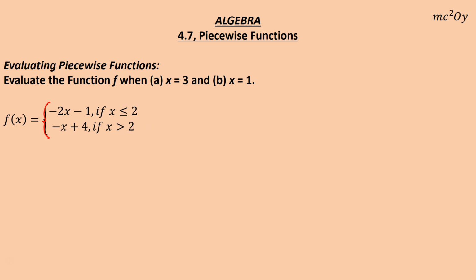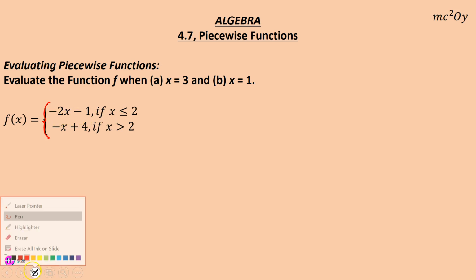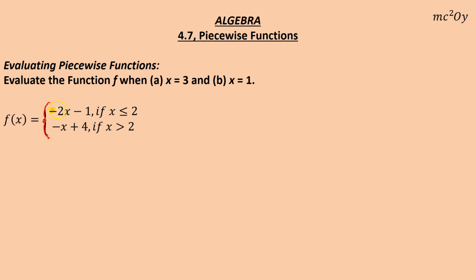Okay, so using this piecewise function, I need to evaluate when x is 3. Notice x equaling 3, I have two choices here. I could put that into the first set where x is less than or equal to 2, or I can put it into the second set where x is greater than 2. Well, 3 is greater than 2.